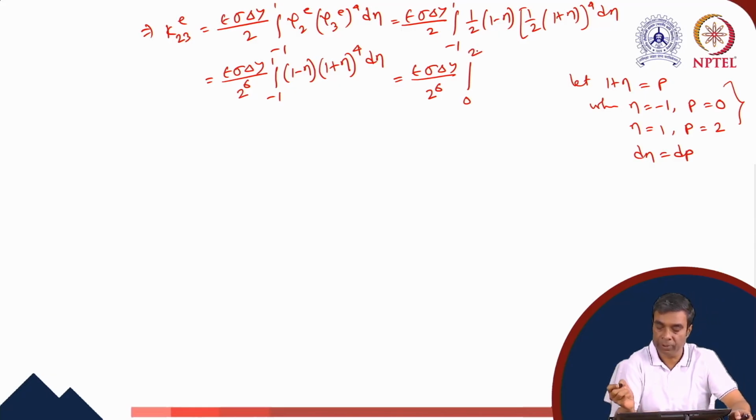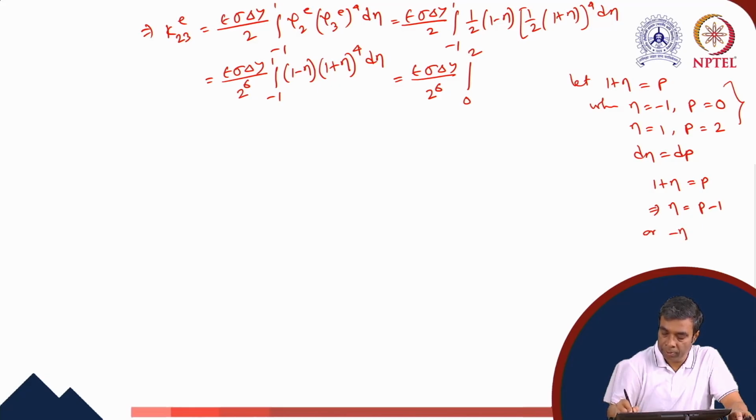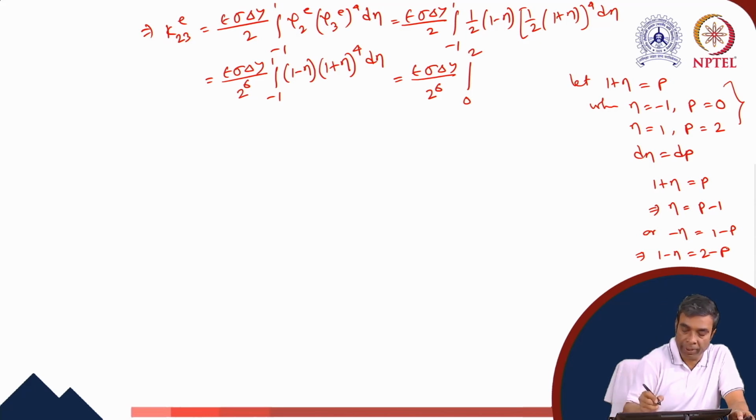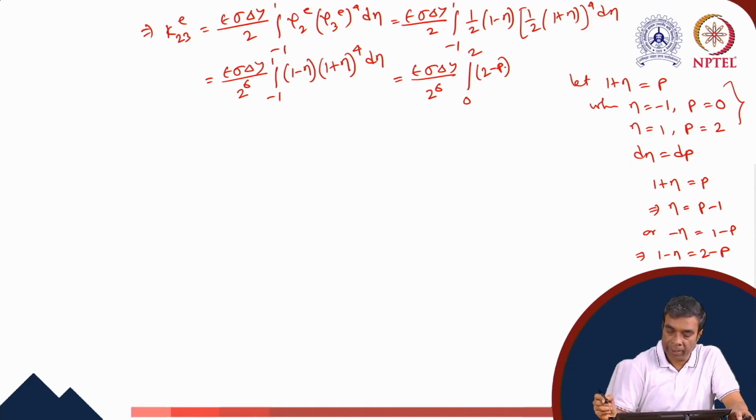The first term is 1 minus eta. Now 1 plus eta equals to p. This gives us eta equals to p minus 1, or minus eta equals to 1 minus p. This gives us 1 minus eta equals to 2 minus p. So here we can put in place of 1 minus eta the expression of 2 minus p, and 1 plus eta is itself p.